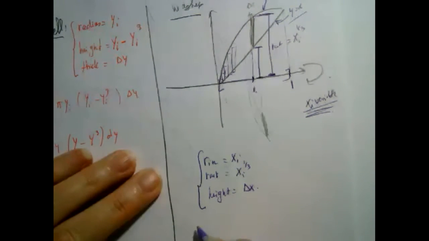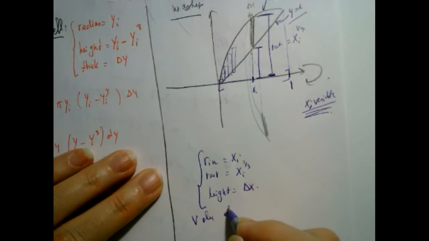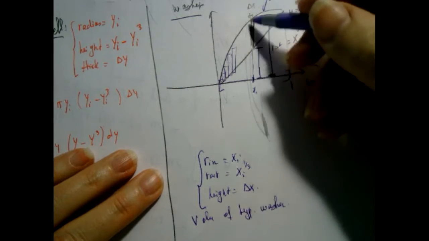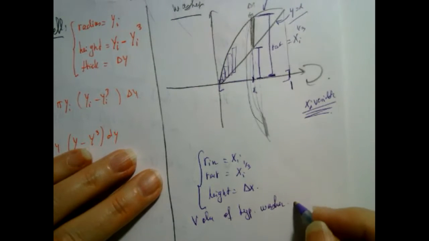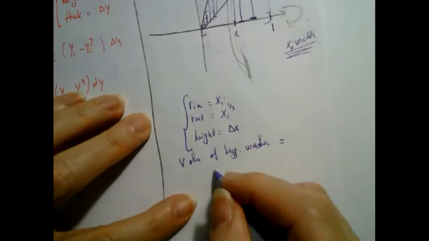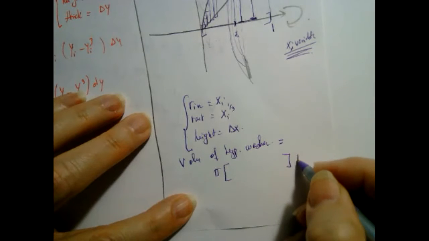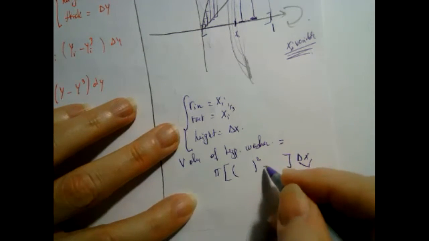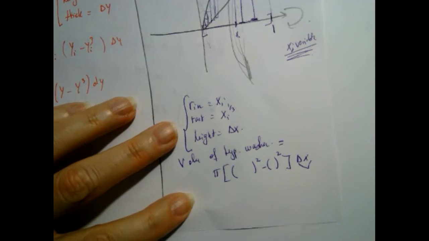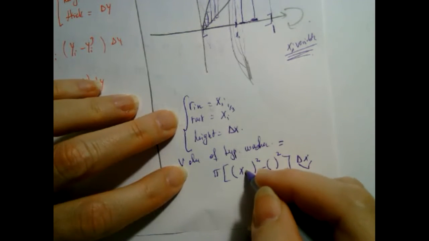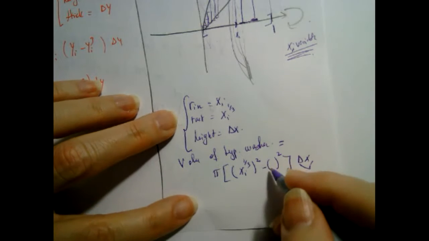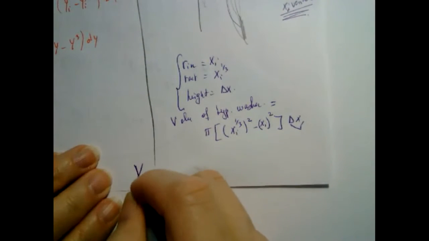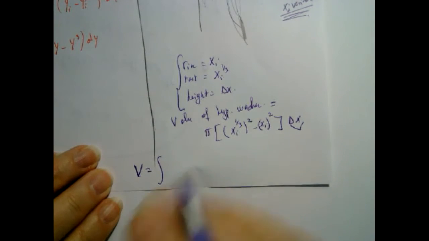So now, finally, the volume of a washer: the volume of this little piece here is equal to pi times the height, times the outer radius squared minus the inner radius squared. The outer is xi to the one third, and the inner is xi.